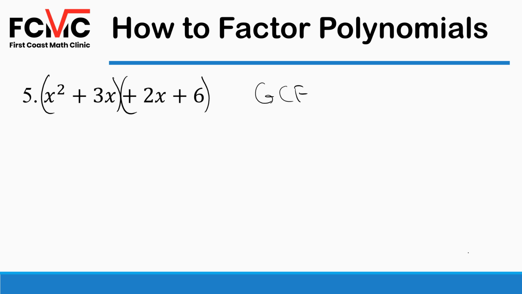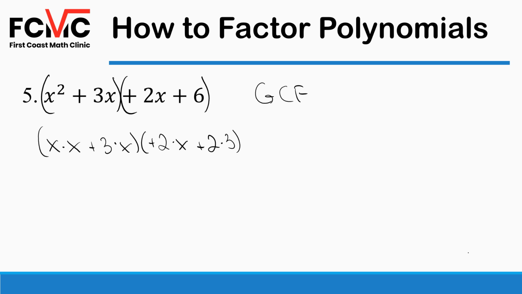So x squared plus 3x, I know that is x times x plus 3 times x, and then I'm going to include the sign here, so this is going to be 2 times x plus 2 times 3, so 6 is 2 times 3.